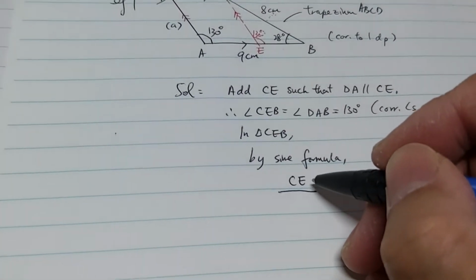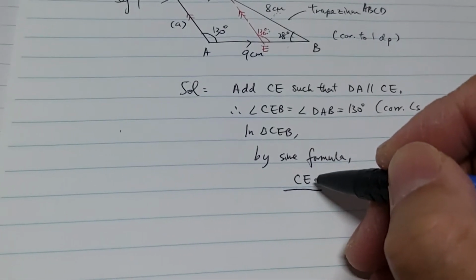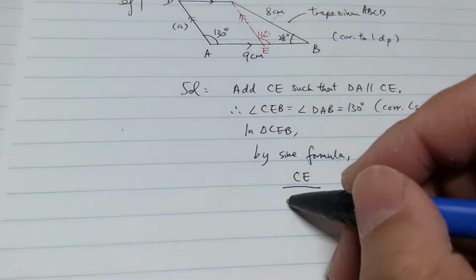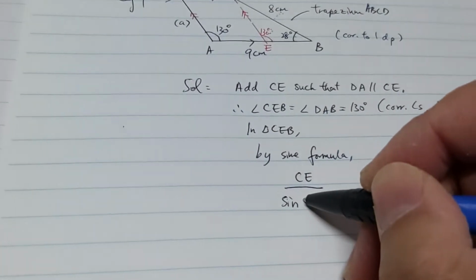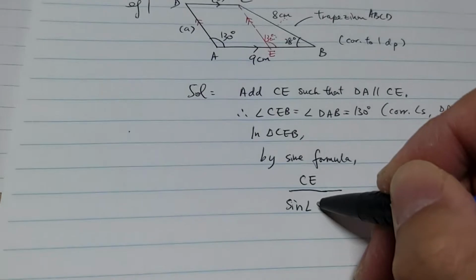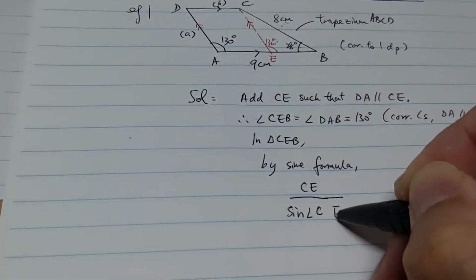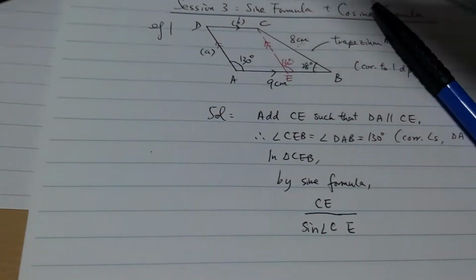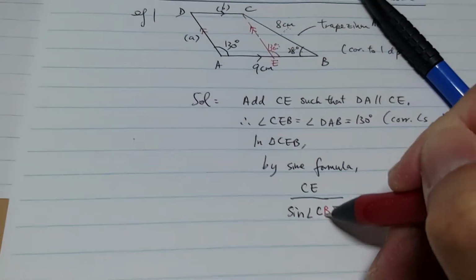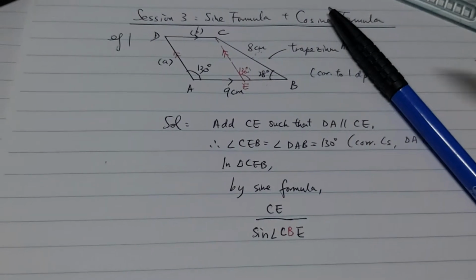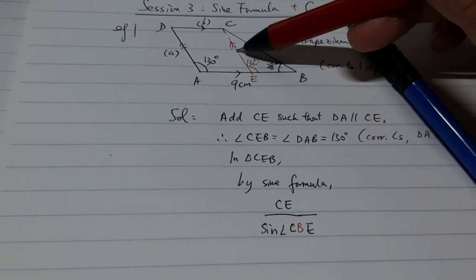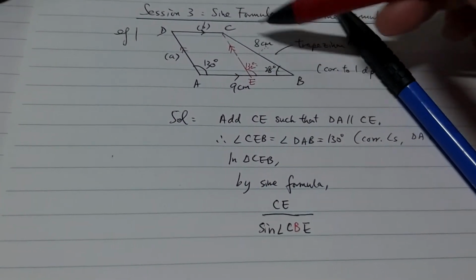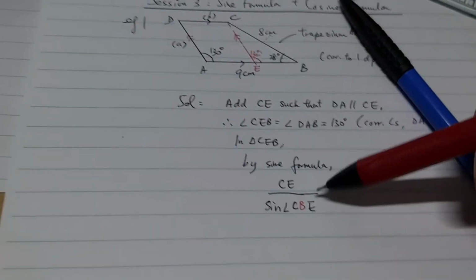Write down the side we want to find first: CE, which corresponds to this angle, CBE. Get it?